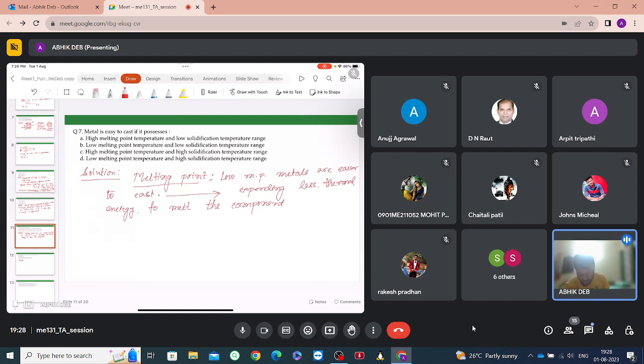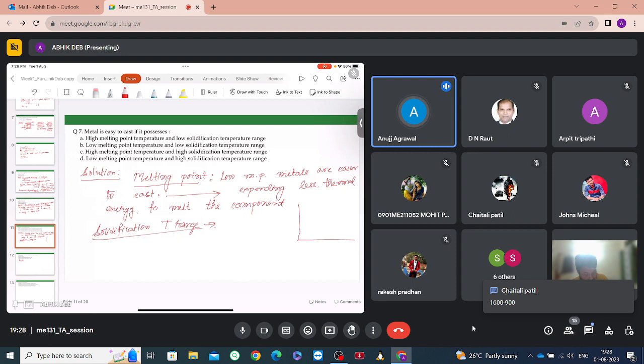Okay, so what is the solidification temperature range? Have you seen the solidification curve, or the phase diagram of an alloy? Yes, sir.